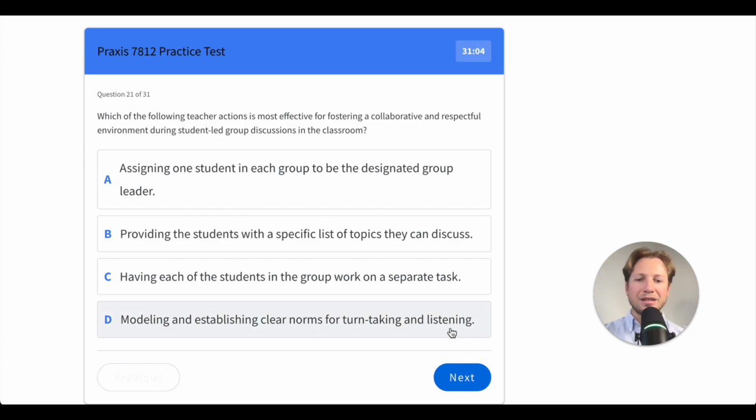Anytime I see modeling, okay, so let's talk about strategies and tips for taking your exam. If you see the word modeling, I would double click into that. I would look closer into that. Modeling is such a great way to show through communicating. And students are always looking at the teacher for good modeling. You can help the students collaborate when you give them the tools to talk to each other by using modeling. For that reason, I'm going to go ahead with answer option D.